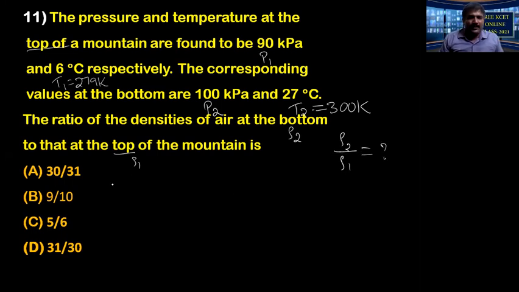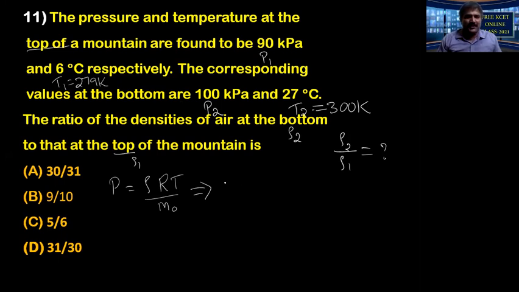Now, firstly, the pressure is related to temperature and density by the relation P equals ρ RT upon M naught, where M naught is the molecular mass. It is just similar to the ideal gas equation, PV equals nRT, where the volume is mass by density. So pressure depends on R, which is constant, and M naught, which is the same for the air at the top and bottom.